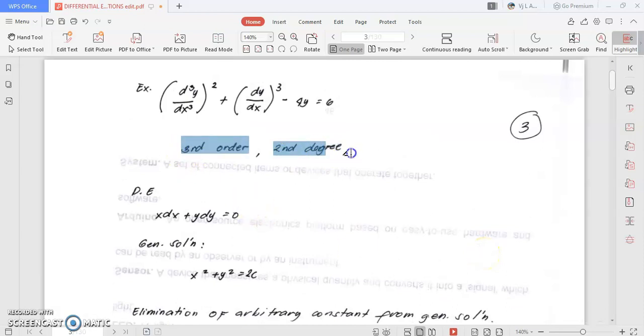So, here, I've already written that this given differential equation is third order, second degree. Why? Ano man, sir? Why is this a third order, second degree differential equation? If you could see in this given equation, so, guys, be ready. These are some sample differential equations na mga sulbon-sulbon nato.